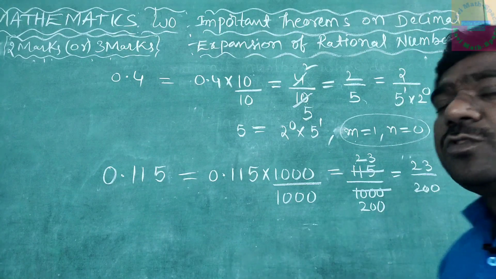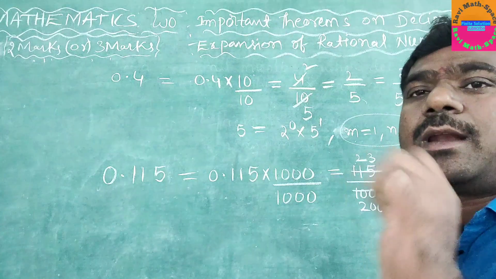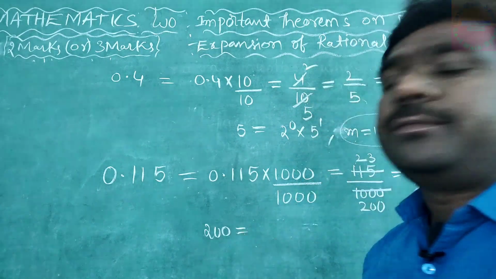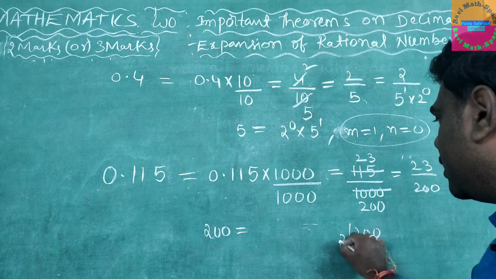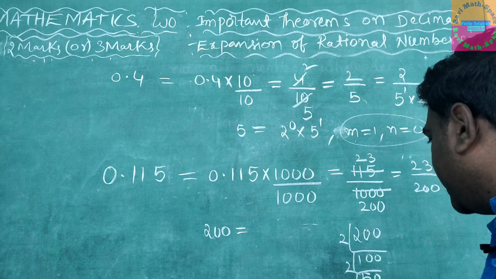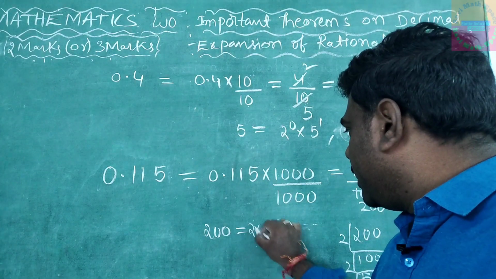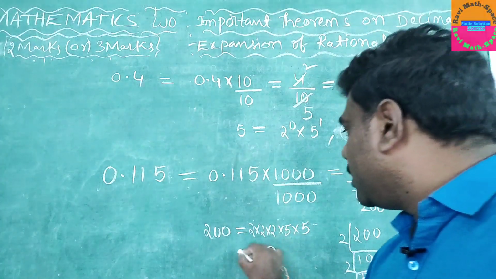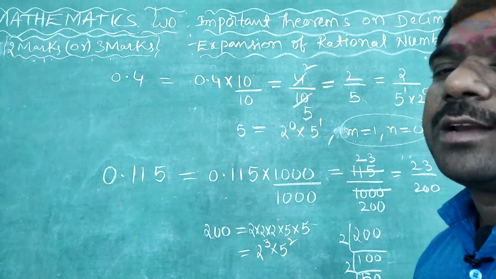Again we should check whether the denominator is of the form 2 power n into 5 power m or not. Now what is the denominator here? 200. What is the prime factorization of 200? We can write 2 ones are 2, 2 50s are 100, 2 25s are 50, so 5 5s are 25. So the prime factorization is 2 into 2 into 2 into 5 into 5, so we can write 2 cube into 5 square, by unique factorization.